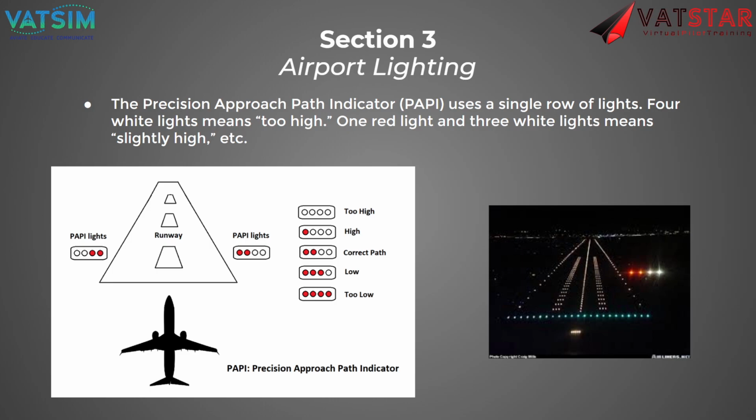Typically you use the PAPI if you're doing an instrument approach, which you're not. But if you're VFR and you're doing a landing, typically when you get to maybe 1,000 feet from the runway threshold, it becomes irrelevant. You don't really need it anymore if you're within gliding distance of the runway, because it will become inaccurate.